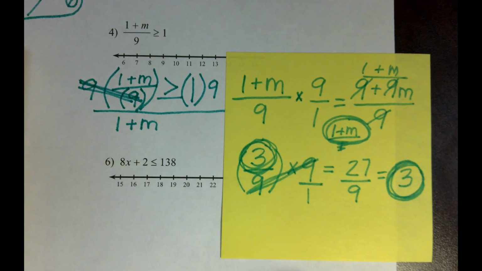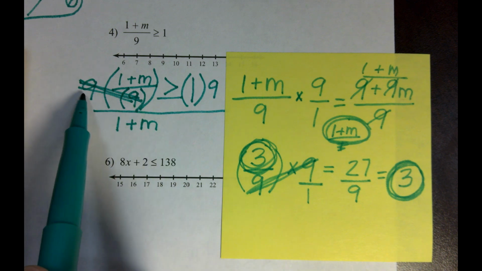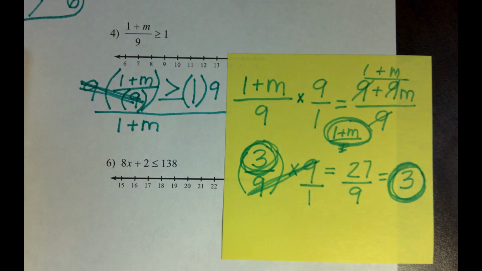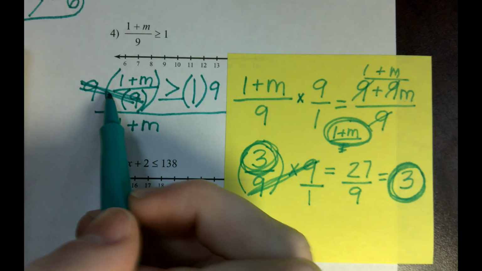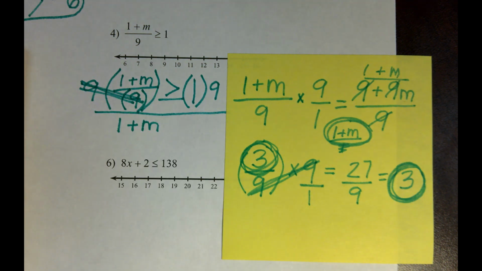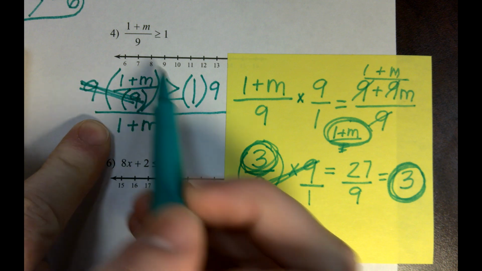Okay, let's see. If you already understood that when I multiply this by 9, it gets rid of the 9, just know that. The rest, you don't need to know the theory part of it. Just know, if you have something divided by 9, when you multiply it by 9, it cancels it. And you just have whatever's on top left.